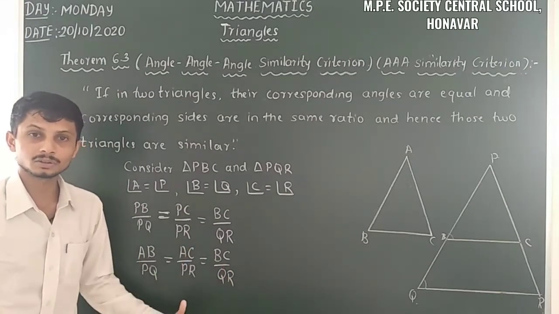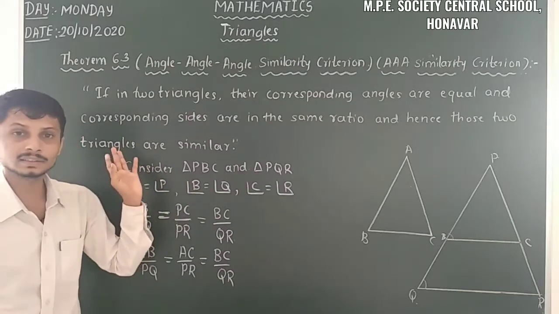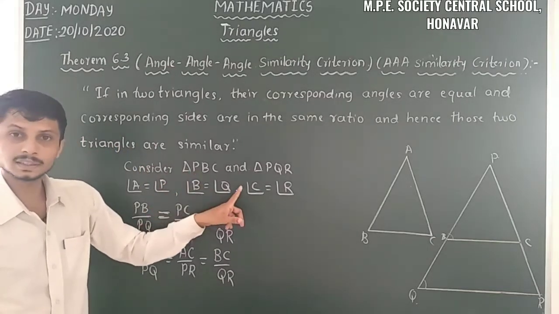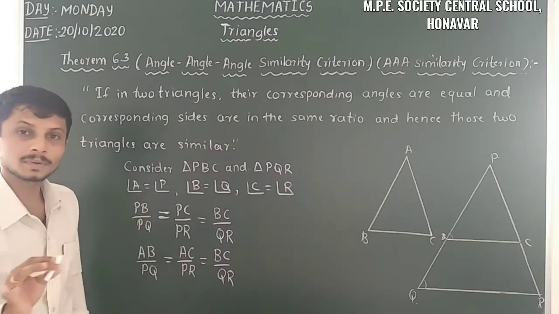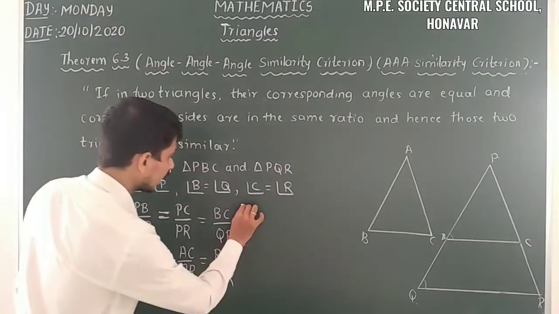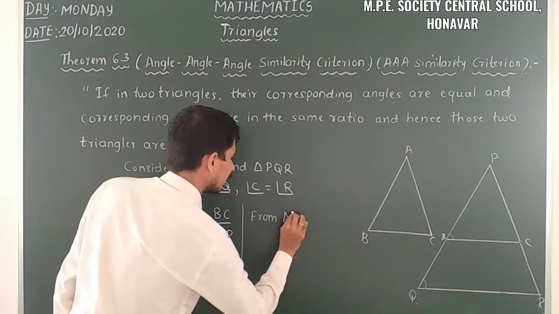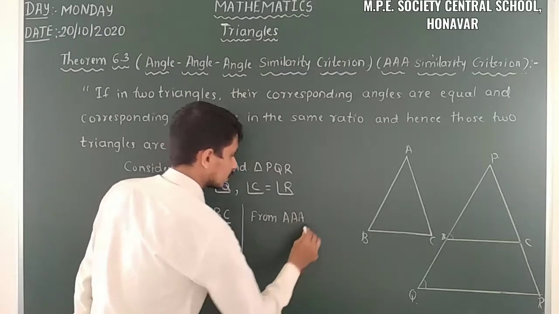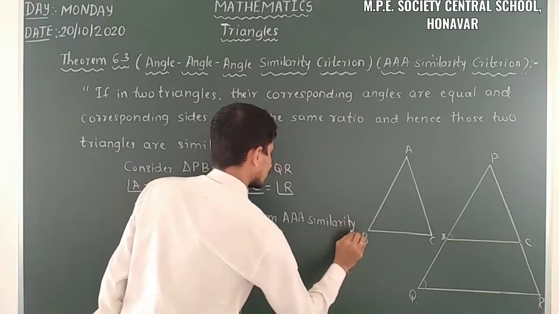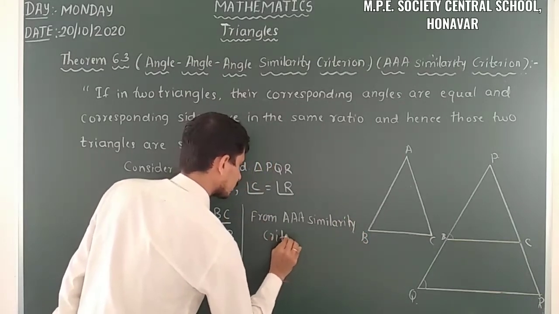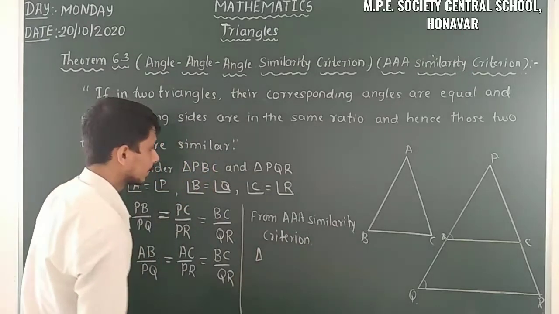the same ratio. So from the AAA similarity criterion, these two triangles, here I will consider PBC. After that I will consider it as ABC. So from the AAA similarity criterion, we have to write triangle PBC.